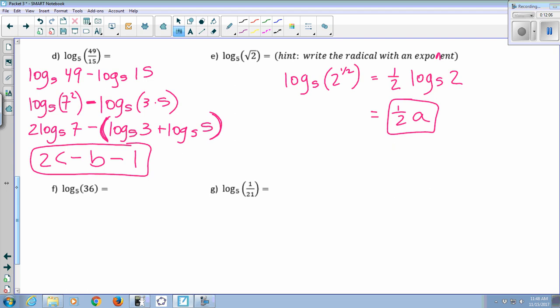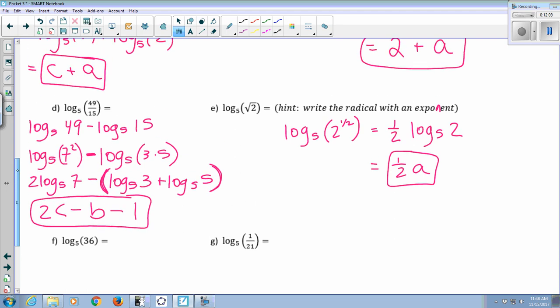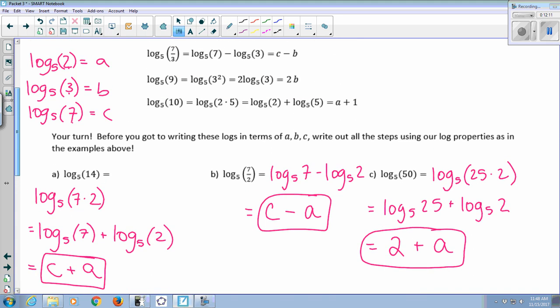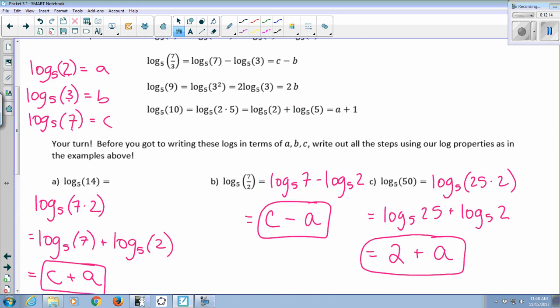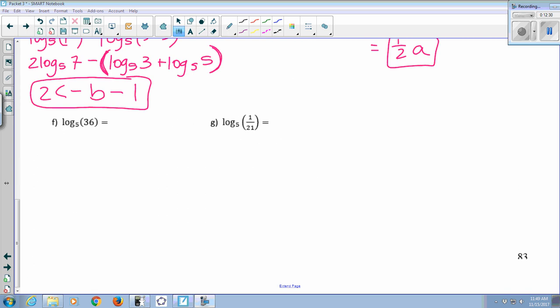All right, log base 5 of 36. So I'm going to rewrite that 36 using 2, 3, and 7, multiplication, division, and exponents. All right, I think I'm going to rewrite 36 as 4 times 9. And the reason I'm choosing 4 and 9 is because 4 is 2 squared and 9 is 3 squared. And 2 and 3 are the inputs I know something about.